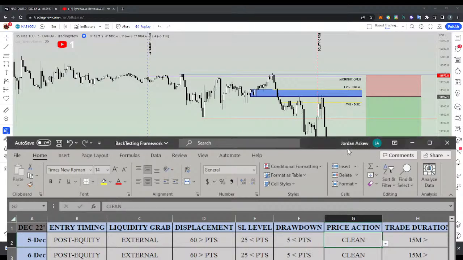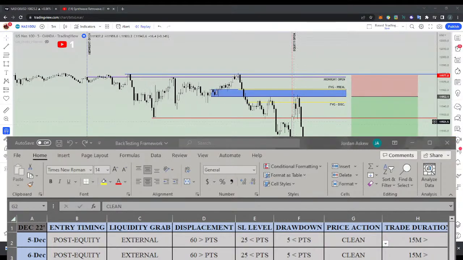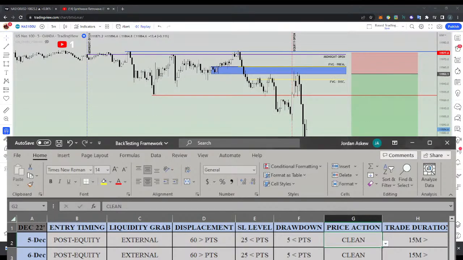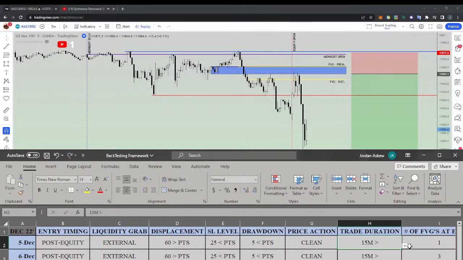Price action was clean. Trade duration was, let's see here, from the time we entered, we had 5, 10, 15, 20, 25. So 25 minutes from entry. So that's, was it over or under 15 minutes? Well, the trade duration was over 15 minutes, so that's good. We'll leave that there.